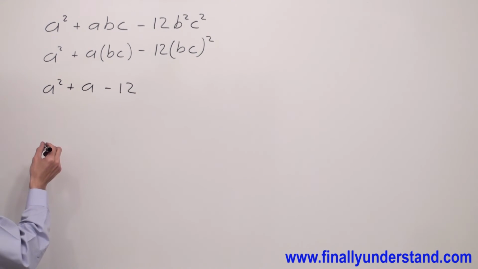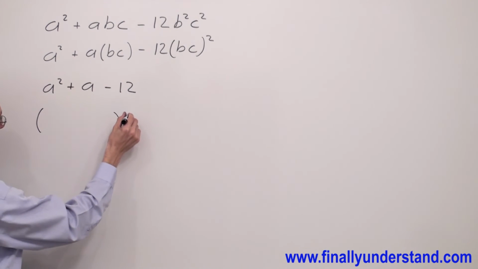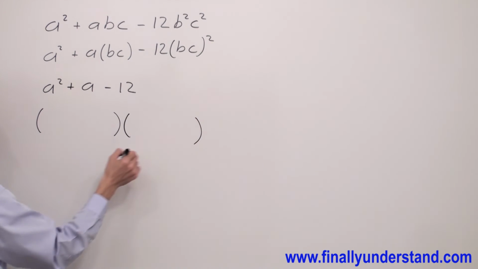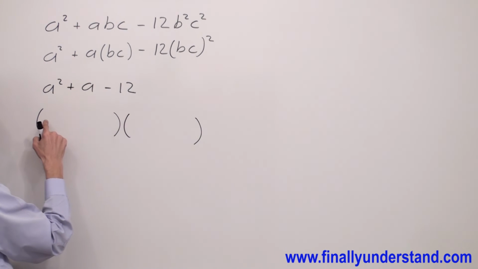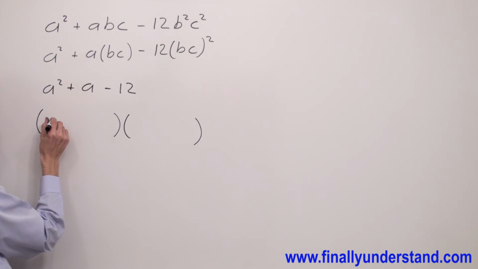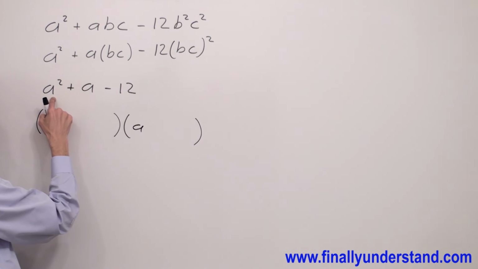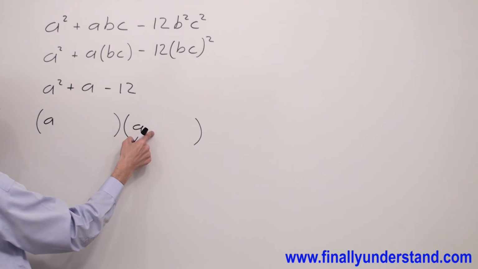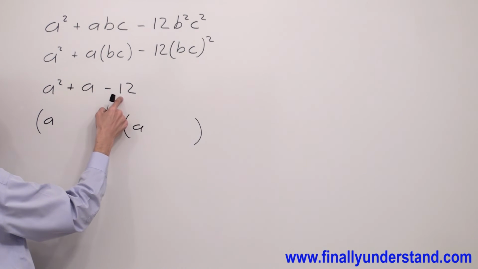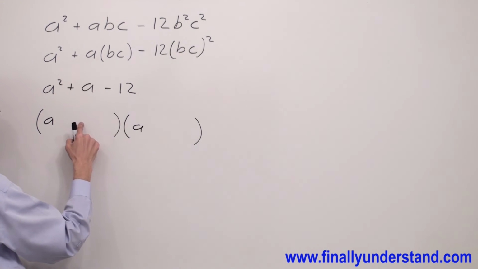Next, we're supposed to perform regular factoring. I have to write the parentheses. These two terms, which I'm going to write first, multiplied by each other, are supposed to give me a squared. They are a and a, because a times a gives me a squared. Next, I'm supposed to find what signs I'm going to have in my factors. Negative sign next to the third term is telling me that they are going to be different.